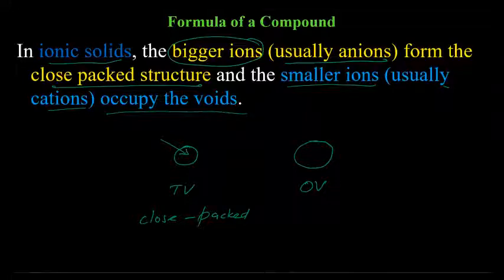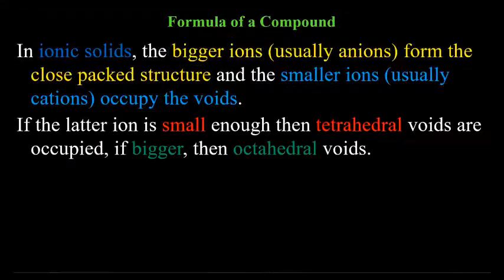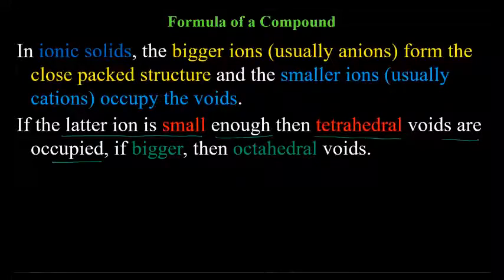That's why it won't go into octahedral void, because there it will not fit properly. Rather, it will be loose there. If the cation is small enough, then tetrahedral voids are occupied. If bigger, then it goes to octahedral void. If it can't fit into tetrahedral void, only then it will go to octahedral void.